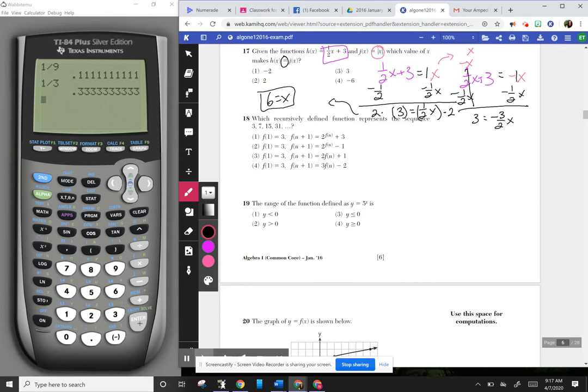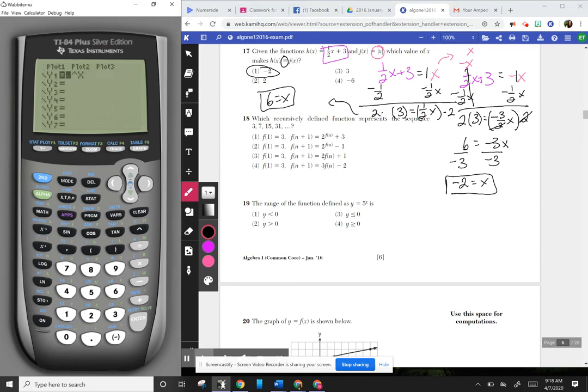Okay, and we're going to multiply both sides by 2 again, because that's what we're dividing by. So this 2 is gone. We get 6 equals negative 3x. Divide both sides by negative 3, and you get negative 2 equals x. So our answer is going to be 1, negative 2.